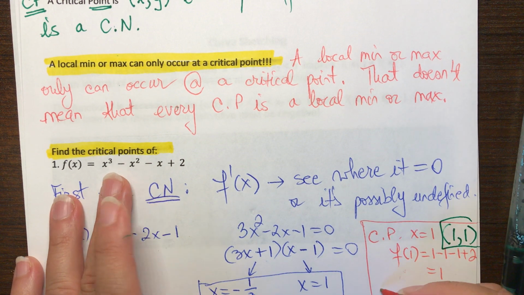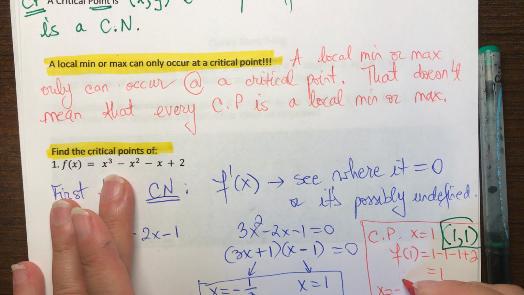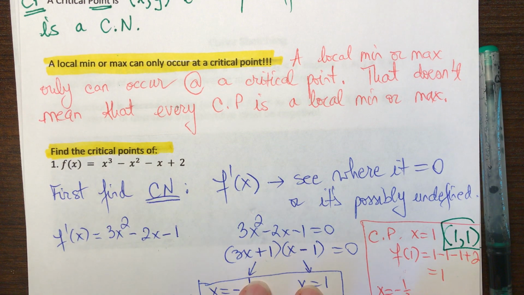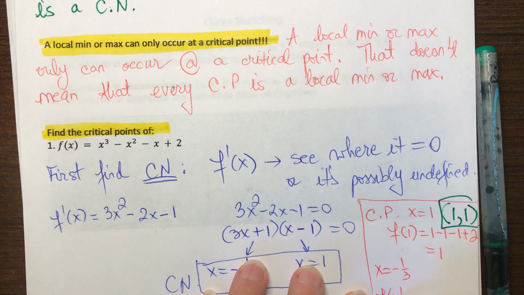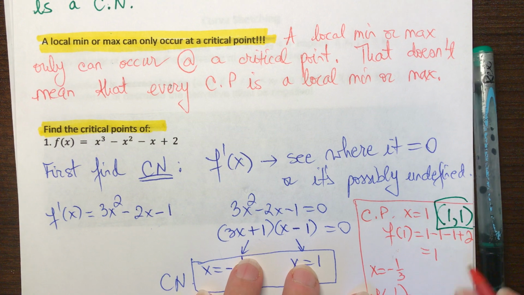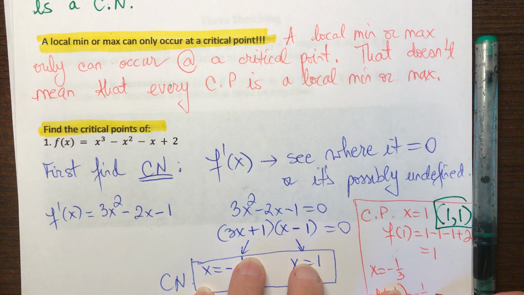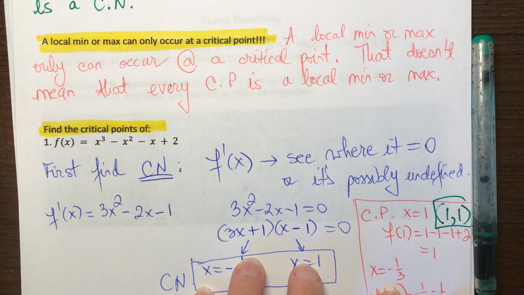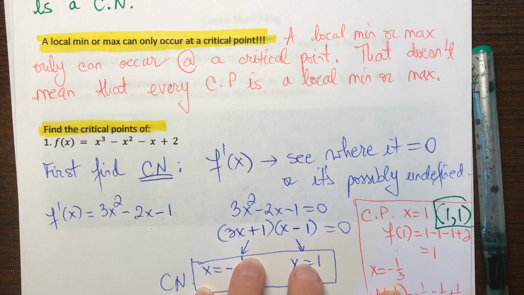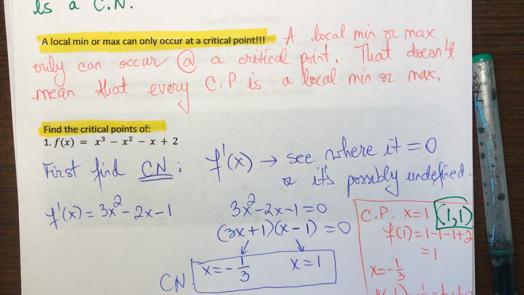What's my second critical point? Make x equal to negative 1/3. Plug it into the function. Negative 1/3 cubed is negative 1/27 minus 1/9 plus 1/3 plus 2. Put that in your calculator. I know I found it already.